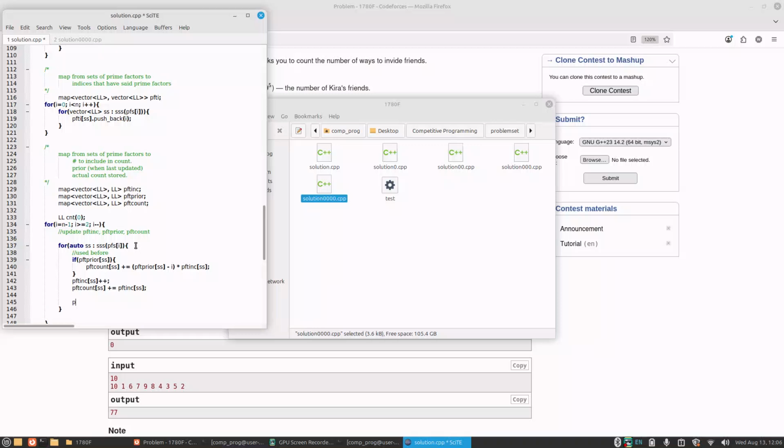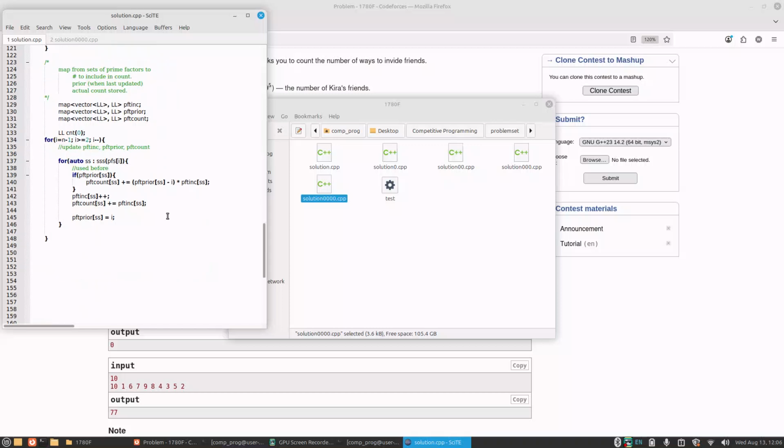And of course we set PFT prior to equal i. Now for the inclusion exclusion bit.